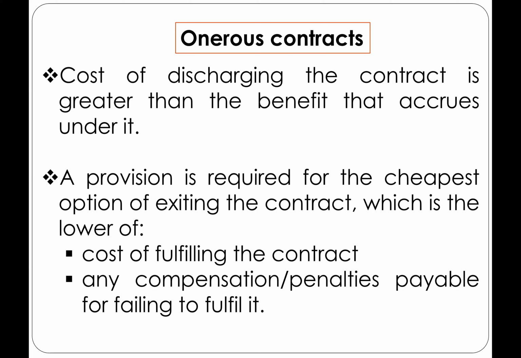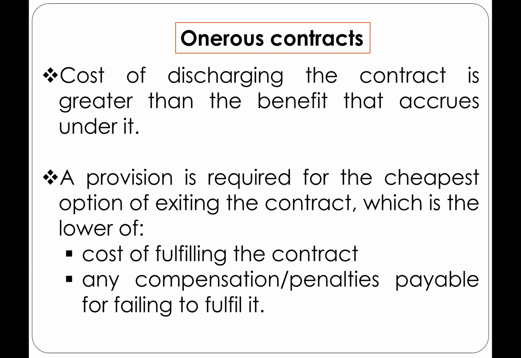So if you are faced with a situation where you've realized that you are in an onerous contract, a contract where you need to pay more than what you're getting, you may need to create a provision. And the provision that is required is the cheapest option of exiting the contract, which is the lower of the cost of fulfilling the contract or any compensation or penalties payable for failing to fulfill it.